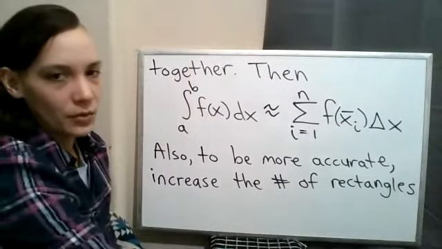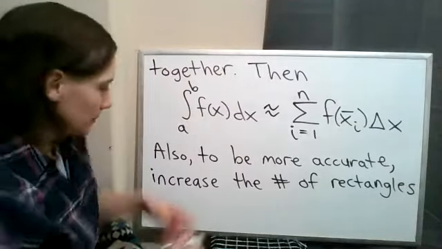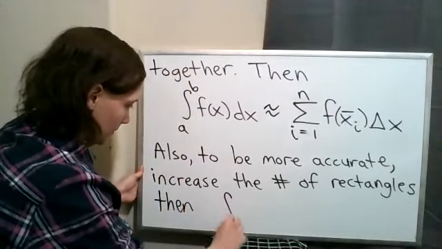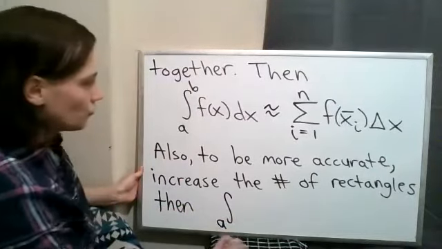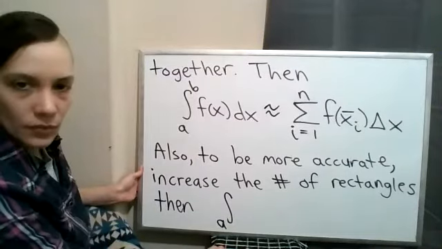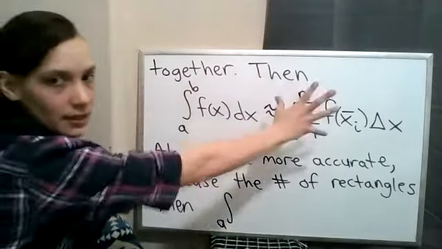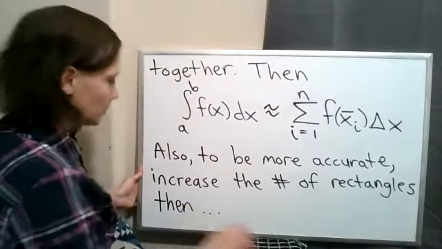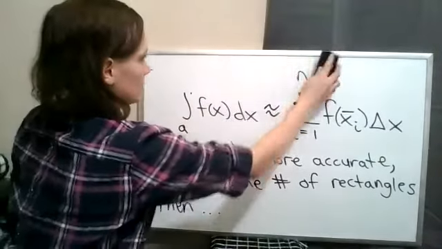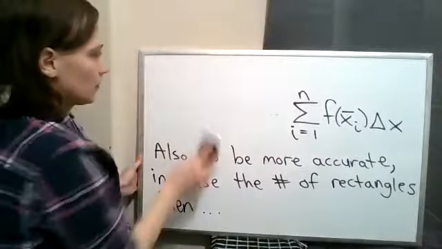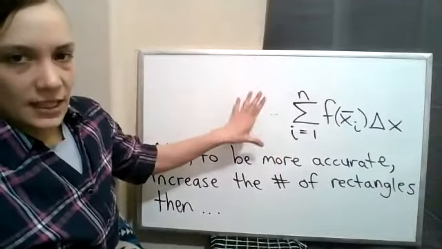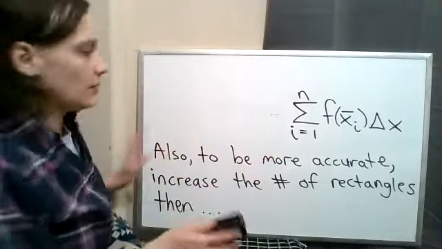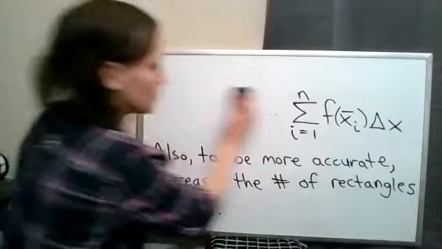And then we can write the integral from a to b. So we'll take this and have n go to infinity and just fill that in with an infinite number of rectangles.